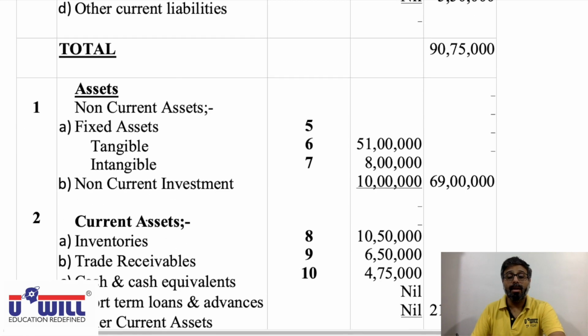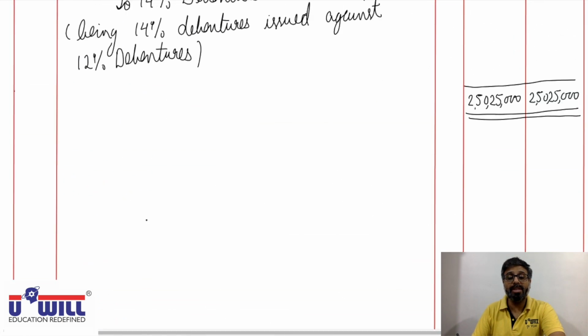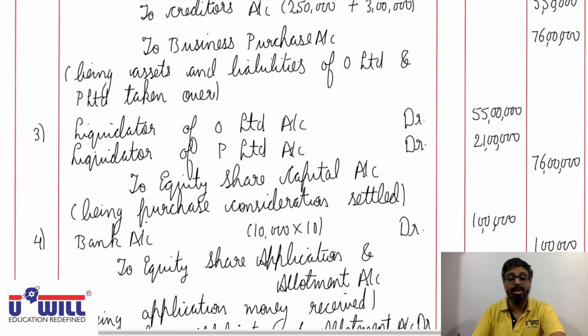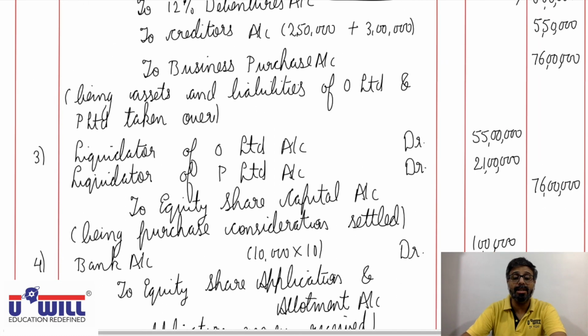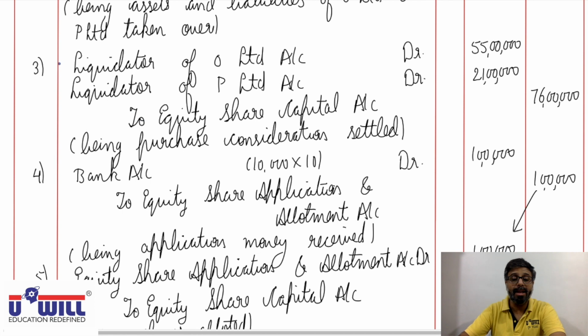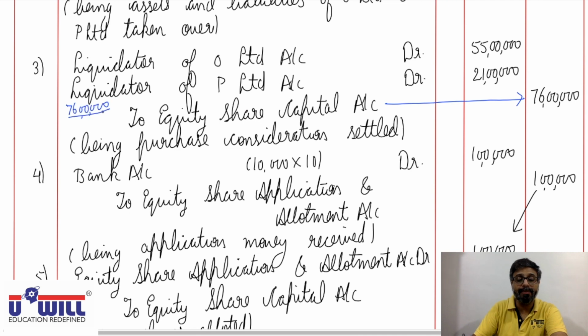Now, the entire balance sheet is to be made from the journal entries. So if you all see it in the journal entries carefully, entry number 3, 76 lakhs divided by 10.